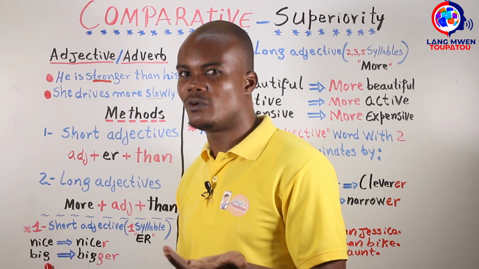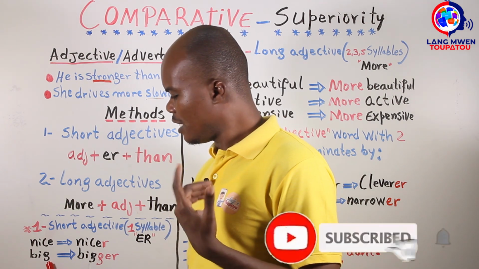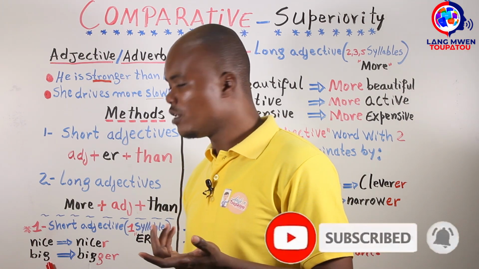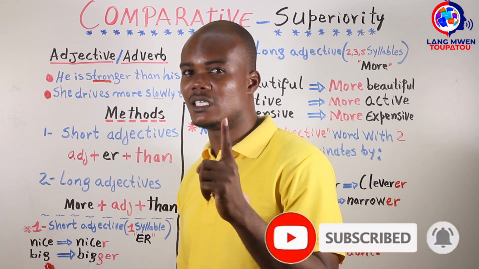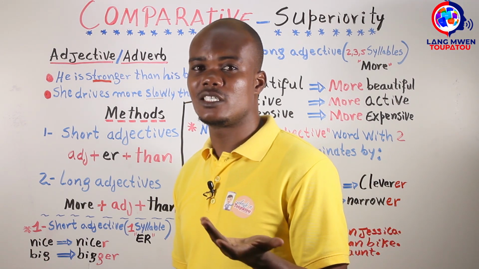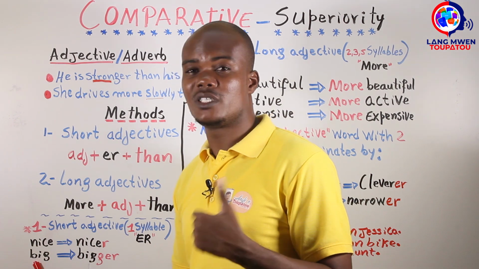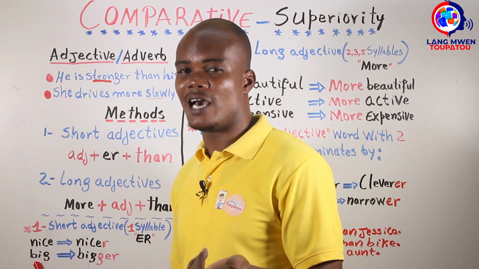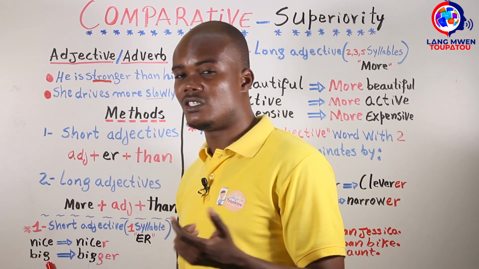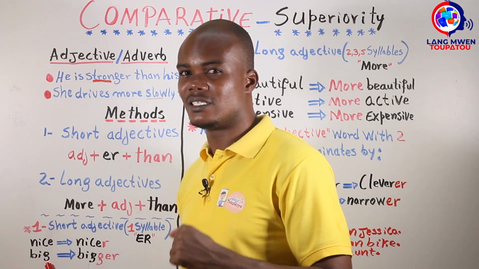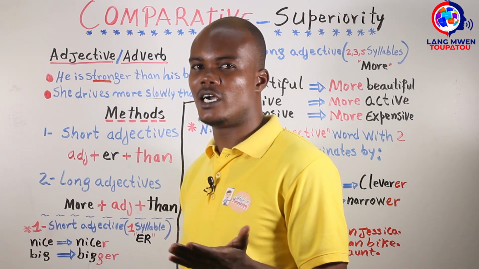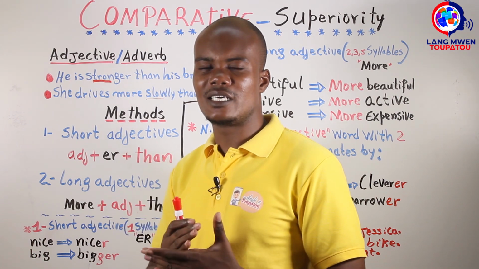Why do you double the last consonant? It's because when a word has only one sound, one syllable, I'm talking about an adjective, and preceded by a vowel, you should double the last consonant before adding er to form its comparative.